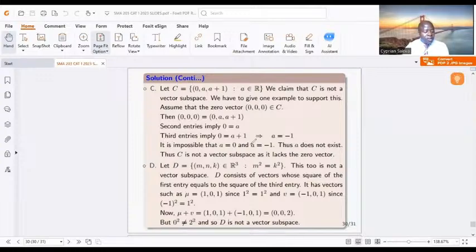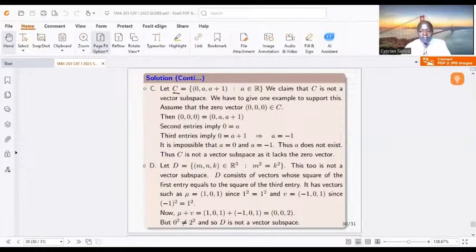That would be a contradiction. So that means the subset that we've been given is not a subspace since it lacks the zero vector.